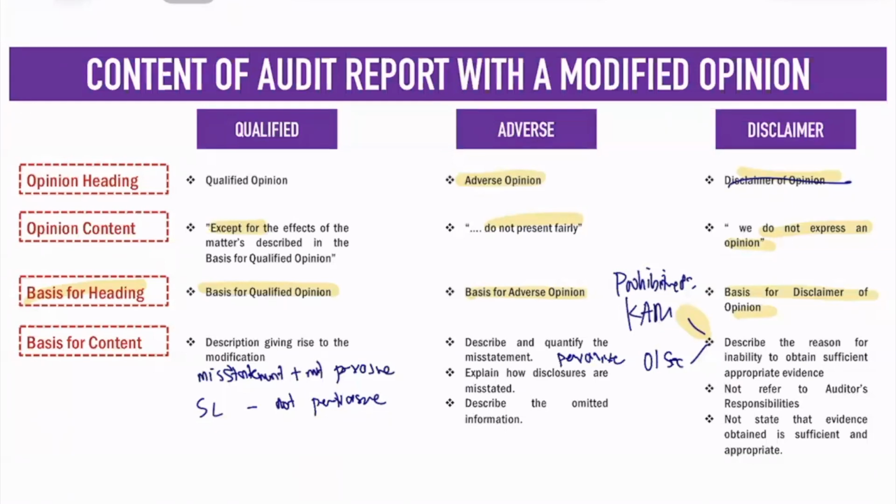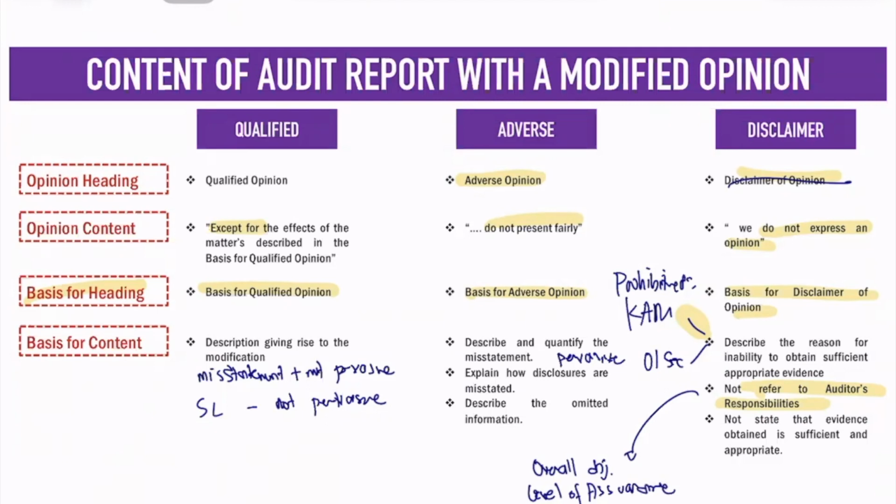Next, you should not refer to the auditor's responsibility. Again, let's recall: what are the items on your auditor's responsibility? First, you have your overall objectives. Next, level of assurance, which you already know is reasonable assurance.